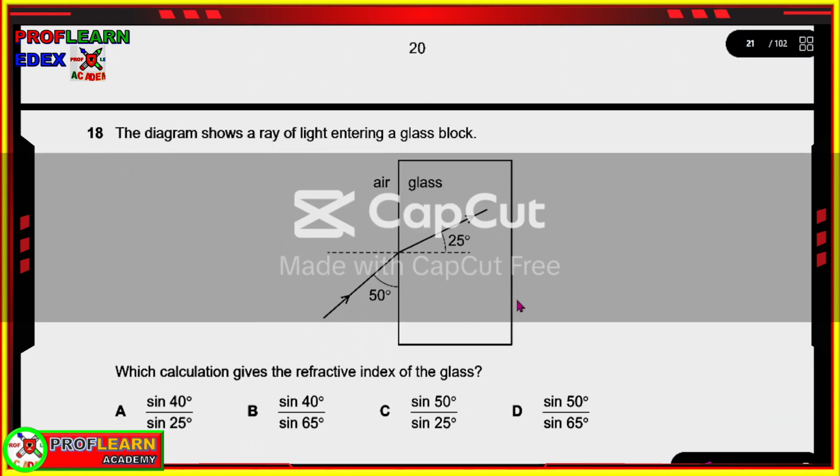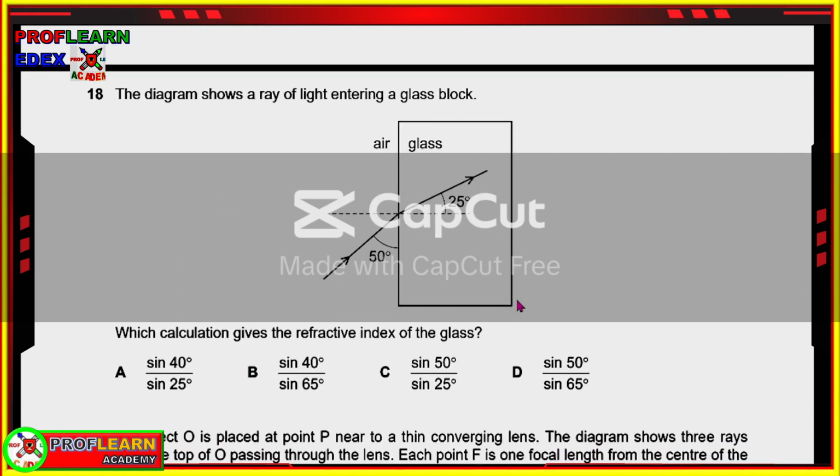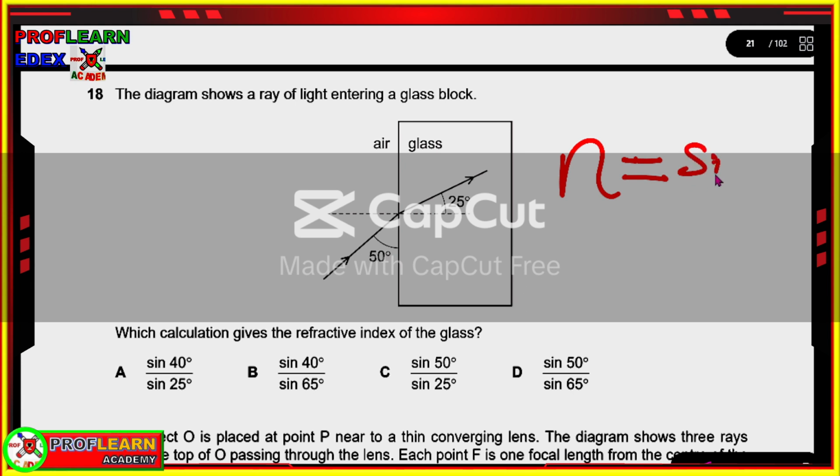The diagram shows a ray of light entering a glass block like that. Which calculation gives the refractive index? We know refractive index is equal to sine i over sine r.